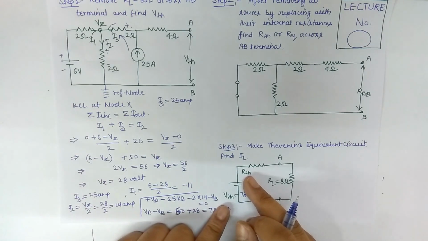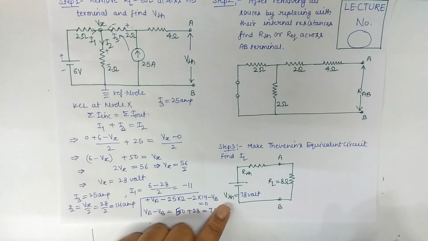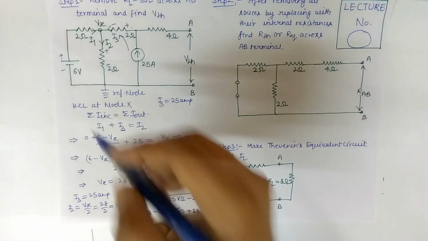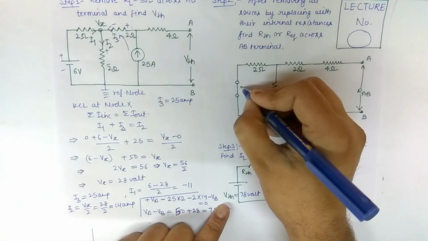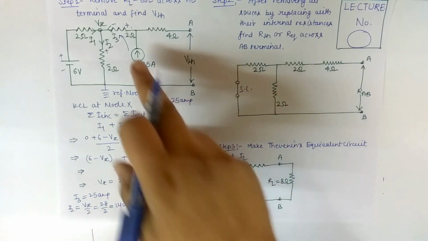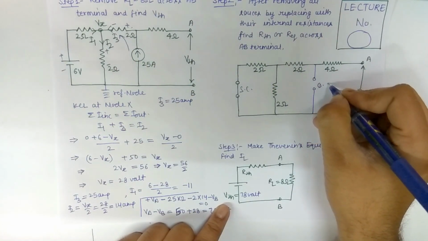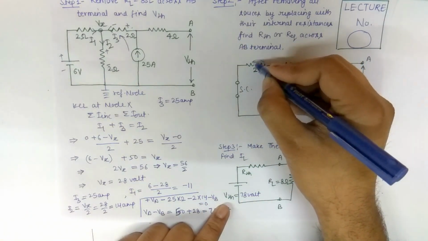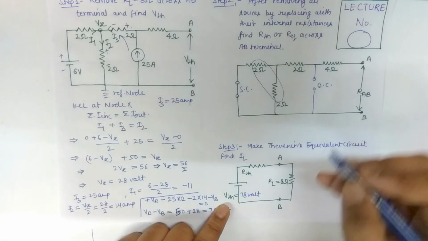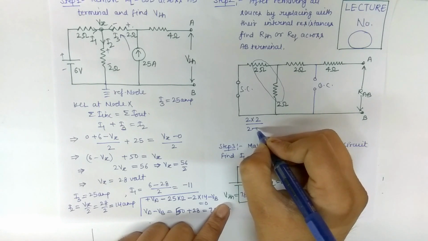Now for RTH, we remove all the sources or replace all the sources by their internal resistance. This voltage source has internal resistance 0, so it is short circuited after removing, and this current source is open circuited. So we have the remaining circuit. This 2 ohm and this 2 ohm are in parallel, so this is 2 into 2 upon 2 plus 2.